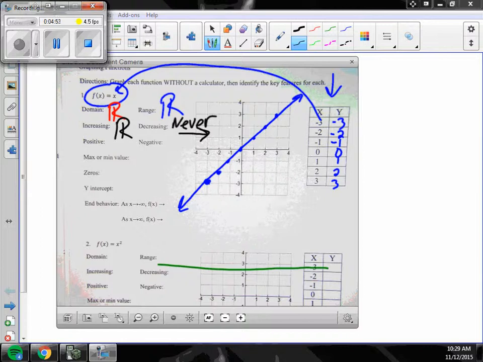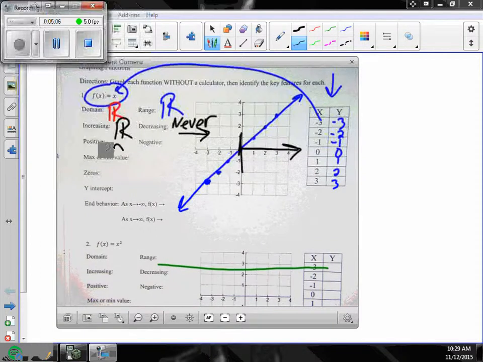No, it's on the x-axis. So everything from here over creates the graph above the x-axis. 0 to infinity, right? But is 0 part of the set? Is the graph above the x-axis at 0? No, so we put a parenthesis. And infinity always gets a parenthesis.